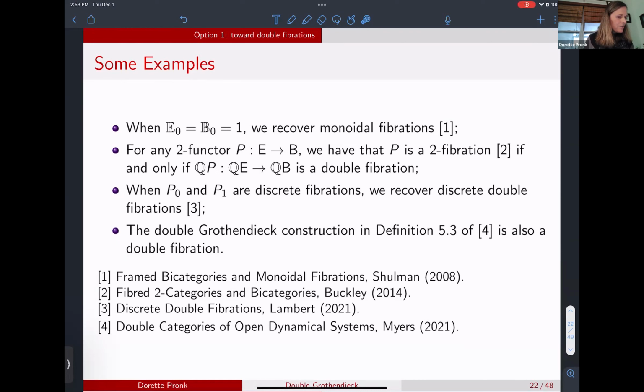So they nicely generalize 2-fibrations. If P0 and P1 are discrete fibrations, then we get the discrete double fibrations from Lambert. And the Grothendieck construction that was given by David Myers, he actually gave two double Grothendieck constructions in his paper on dynamical systems. One of them is easily seen to be a double fibration. The other one is too, but I'll say more about it at the end.